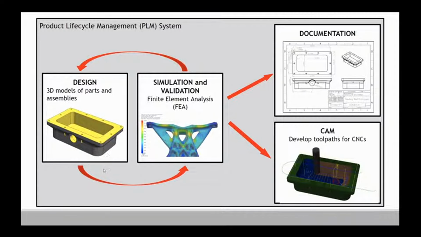What that means is that we have this iterative process back and forth where we design a part to certain specifications that we need based on the client and the stakeholders. We can test it to see how it will perform in various environments and under various conditions, and then we can modify the part as necessary until we get it to a state where it works, or it has a high enough factor of safety, as we call it, to where we can develop a tool path for the CNC, called CAM.